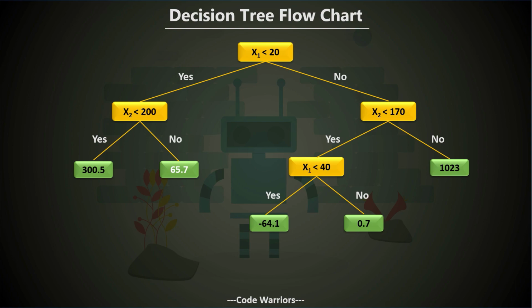As you can see, the root node and this internal node will act as a test case for our data points, and there are always two possibilities, yes or no. If the answer is yes, then we go to the next case and check another test case, and if it also satisfies the condition, then we will get a label and a prediction is made. So this is how a normal decision tree works in the back end.